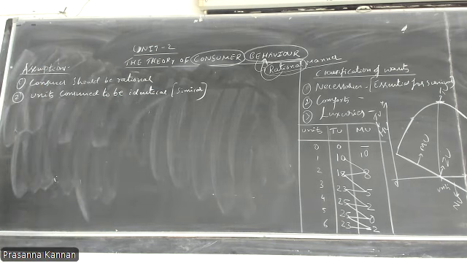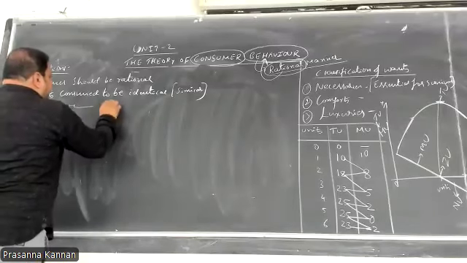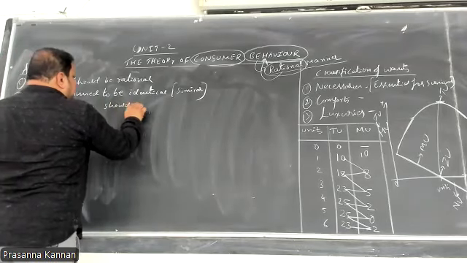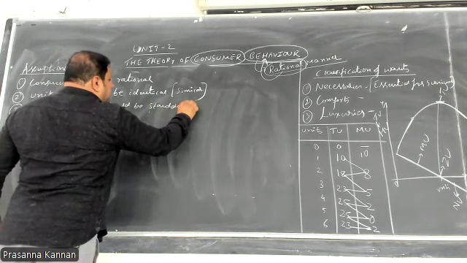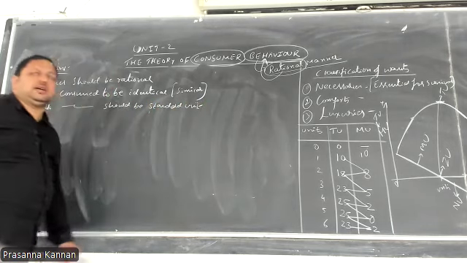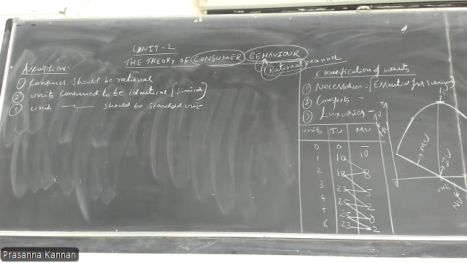You're following? Third point is that units consumed should be standard units. So what is a standard unit, class? Suppose you take this bottle of water, that bottle should remain the same for all the units.